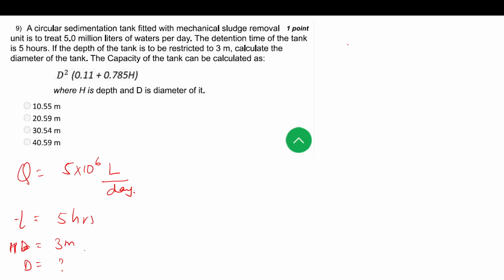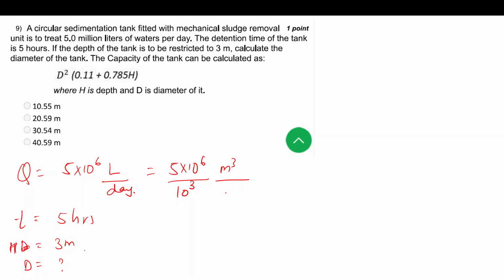The same formula will be applied here. We just need to have unit consistency. Here volume is in liters, so you can say 5 into 10 to the power 6 liters. To convert that into meter cube, you need to divide it by 10 to the power 3.